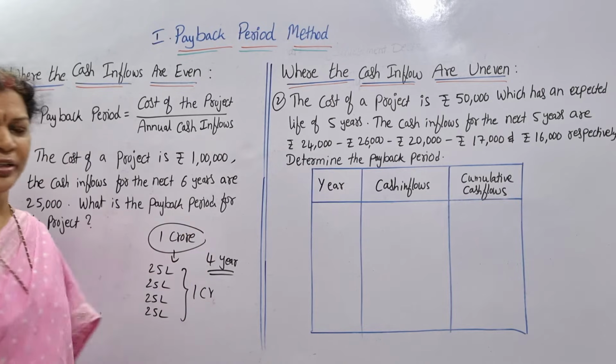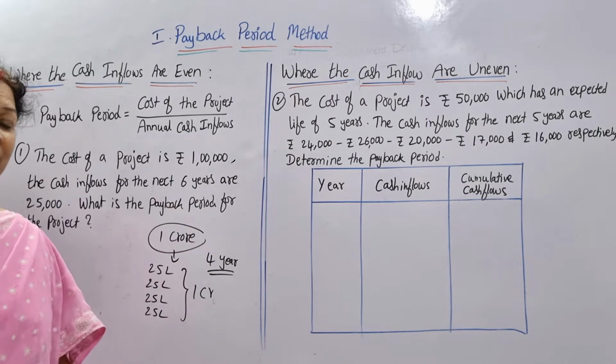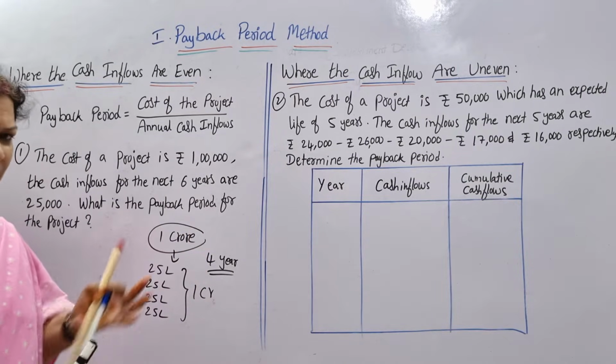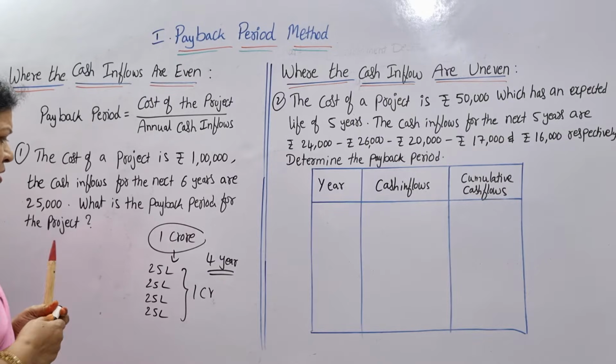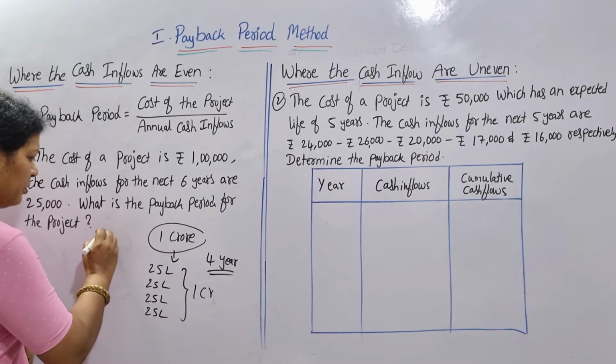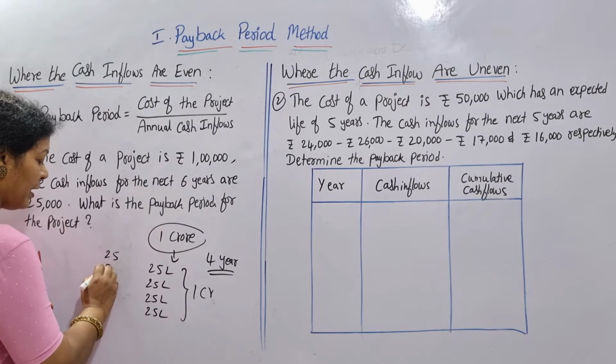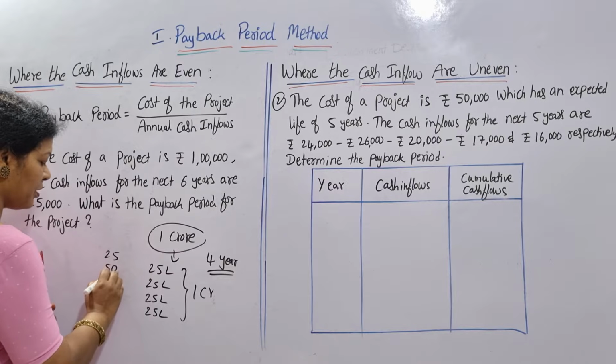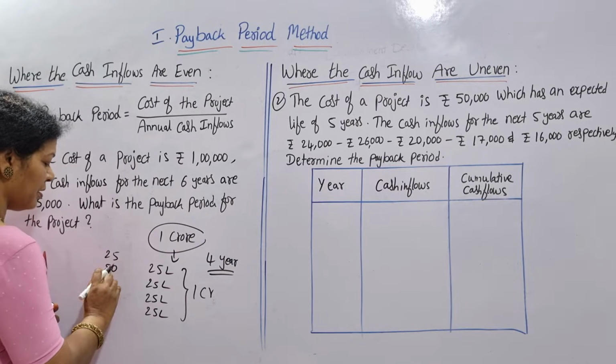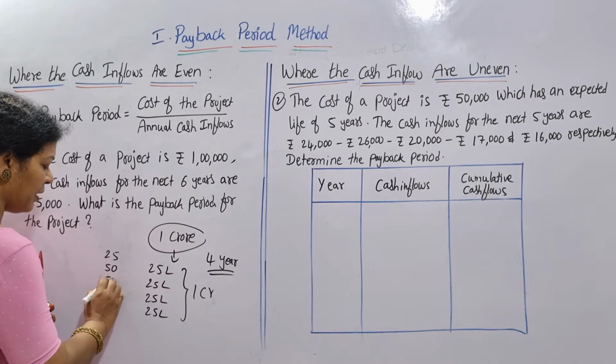This is one alternative. Let me see another alternative. Same investment, 1 crore I am investing. In another alternative, suppose say first year I am getting 25 lakh, second year getting 50 lakh, and third year also I am getting 50 lakh.